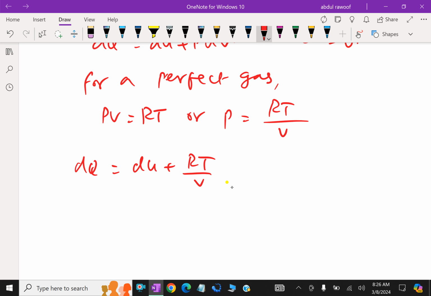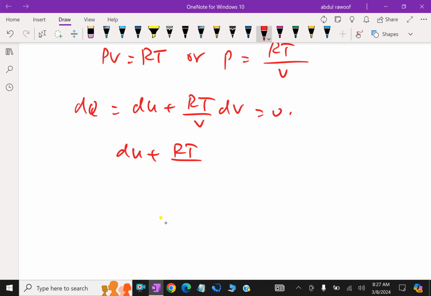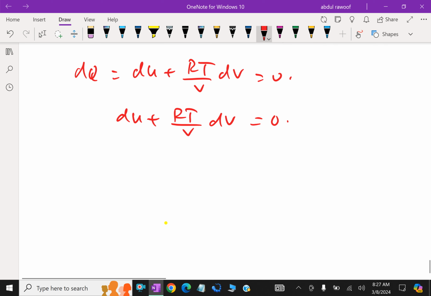Then divide both sides by T. Therefore, you can write du plus RT by V dV equals 0.